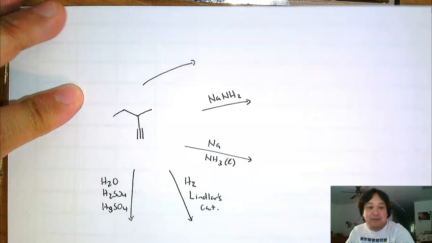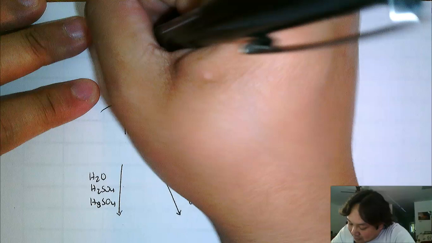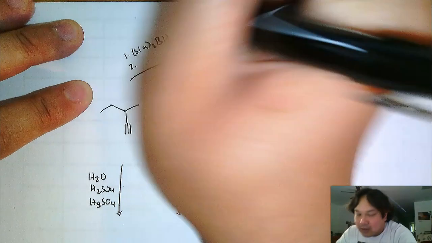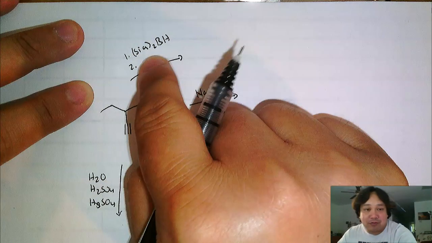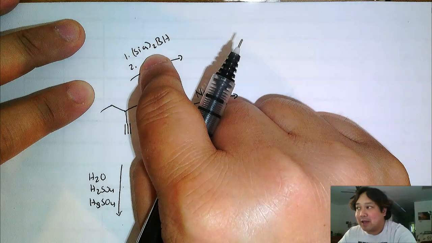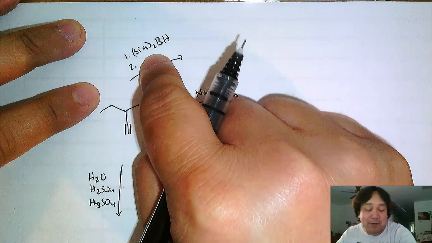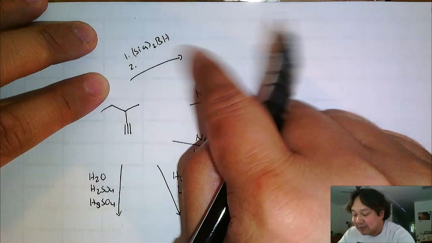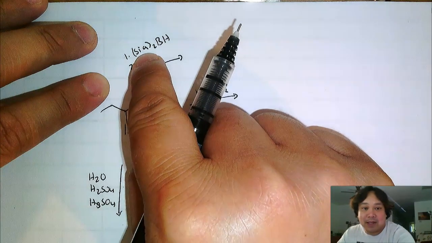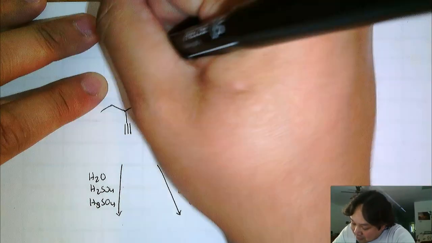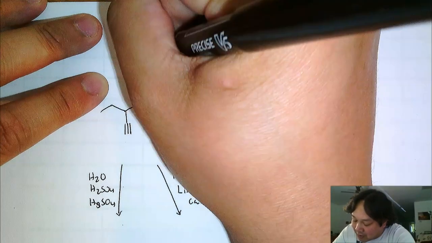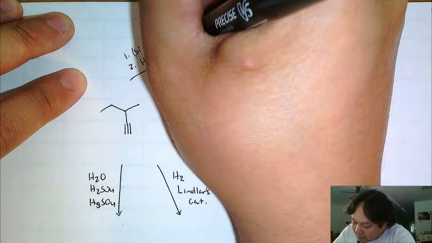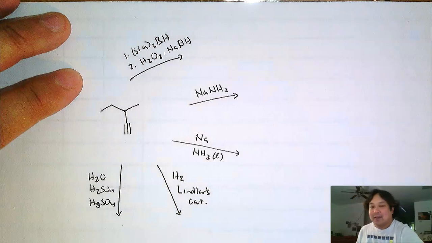The other hydration, non-Markovnikov, Sia2BH. We could also use BH3. It's just that it's not going to be as selective for the non-Markovnikov pathway, but it will still be the major product, the same major product as if I had used the Sia2BH. Right, this is hydroboration oxidation. Oops, NaOH. Yikes.